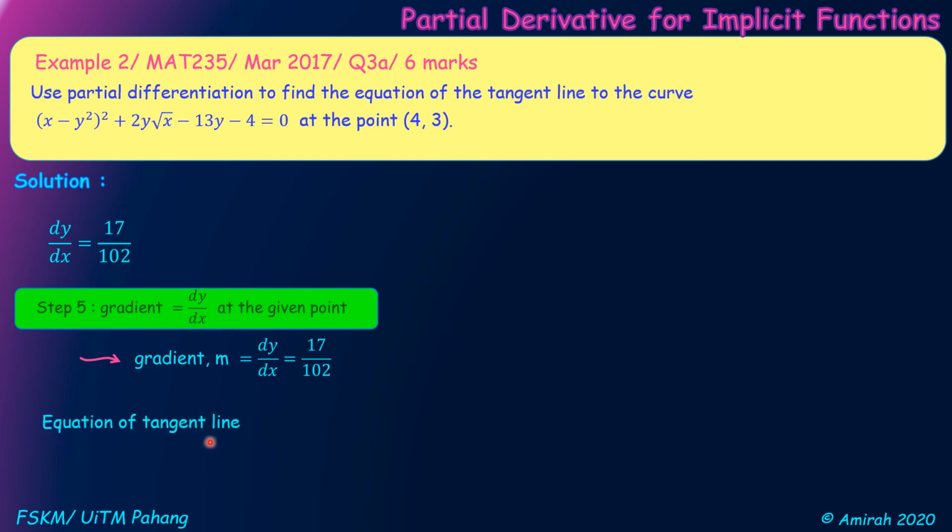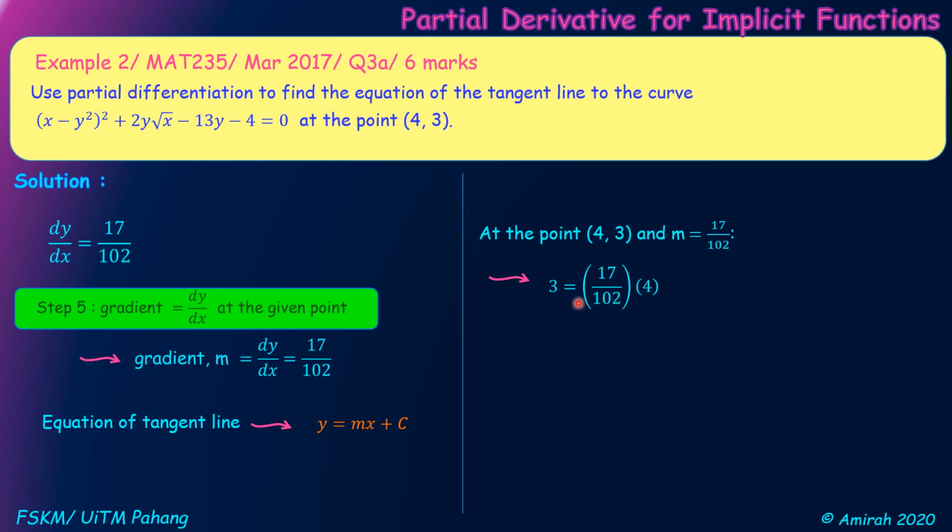Then the equation of the tangent line is y equals mx plus c, because the equation of a tangent line is a straight line. That's why we use y equals mx plus c, right? And then at the point 4, 3, and m equals 17 over 102. Now we want to find c here.